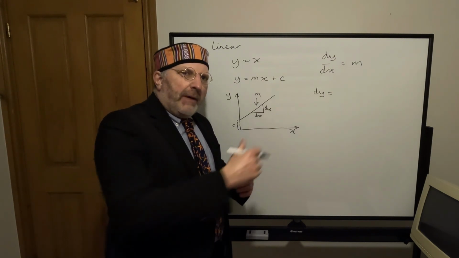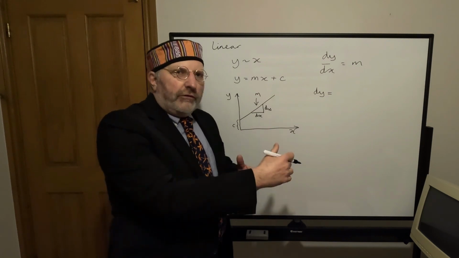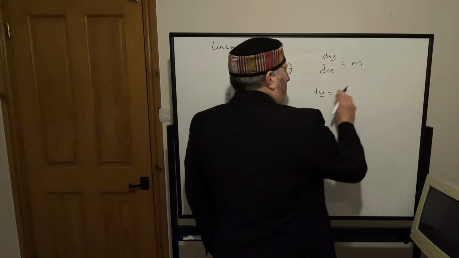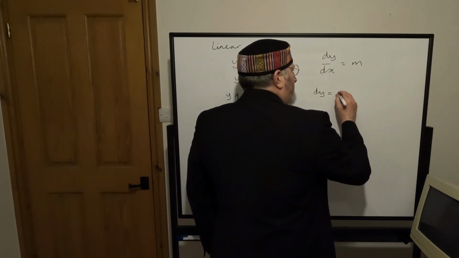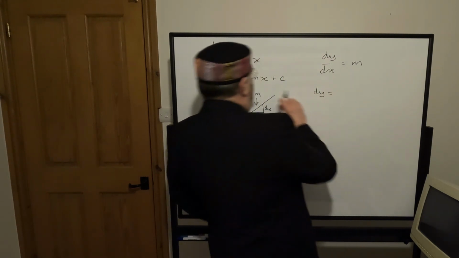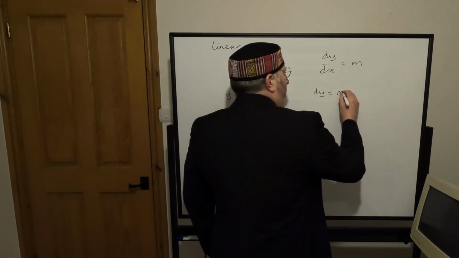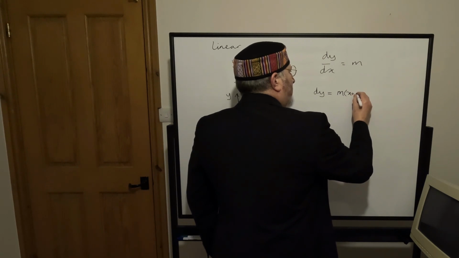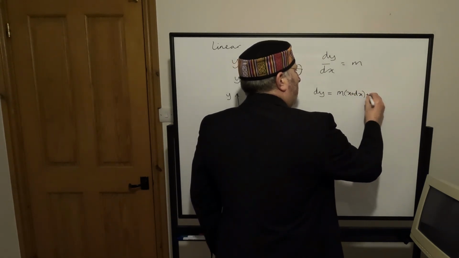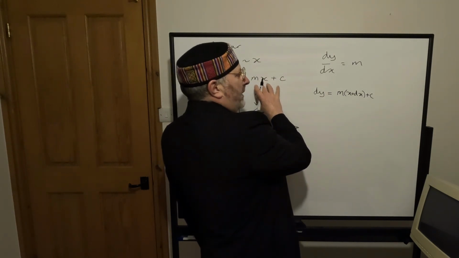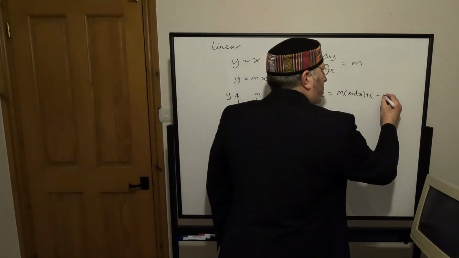So we increase x by an amount dx. What is the change in y? So we're taking y firstly at x plus dx. Well, when x is x plus dx, it will be m times x plus dx plus c. And then we subtract the value at x to find the change, the difference.